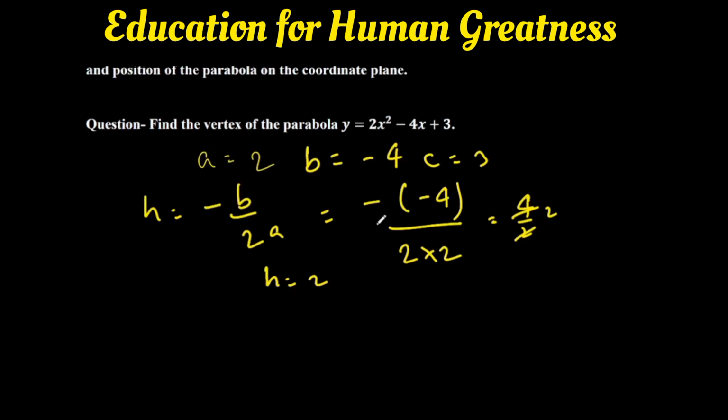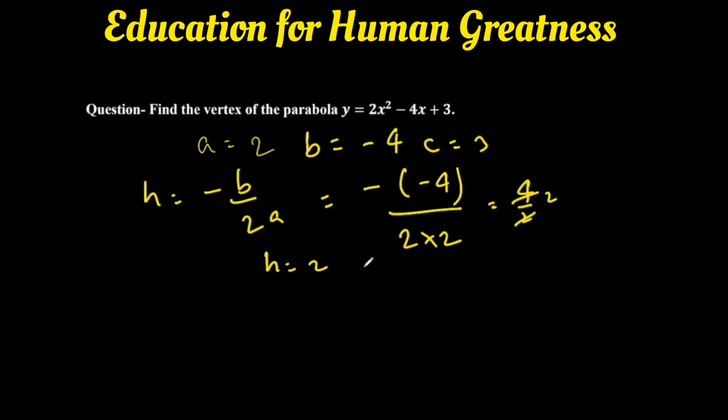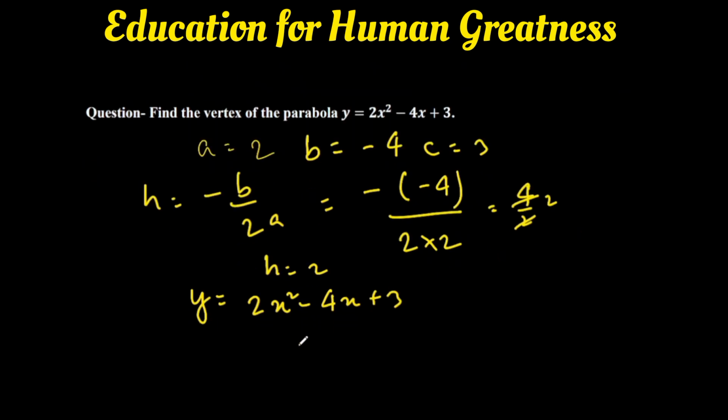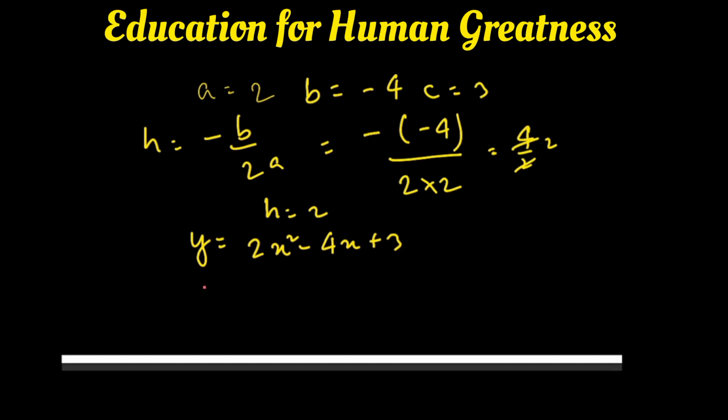Now we will put this value in our equation. Our equation is y equals 2x square minus 4x plus 3. Here we will replace x with h.